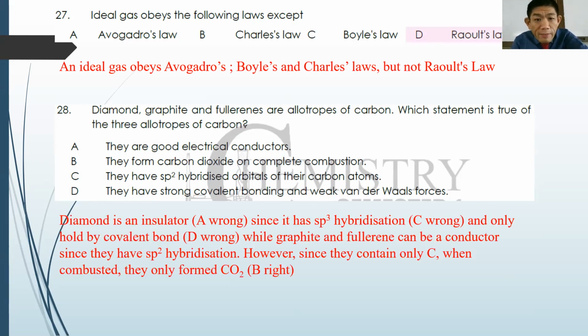Number 3, they have sp2 hybridized orbitals of their carbon atoms, which is wrong because diamond is sp3 while the rest is sp2. And then number 4, they have strong covalent bonding and weak van der Waals forces, which is wrong because only graphite has that. Diamond and fullerene don't have. So the best answer in here is 2 and 3.